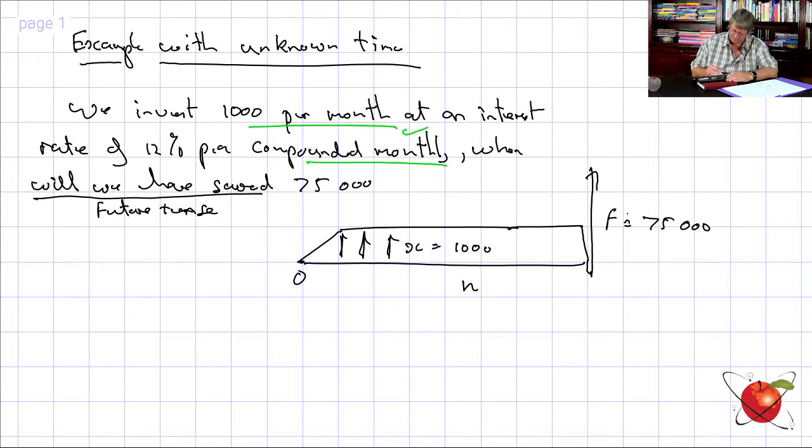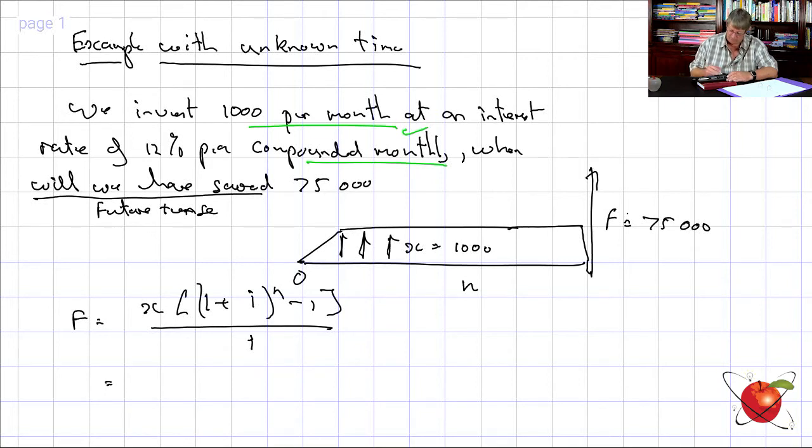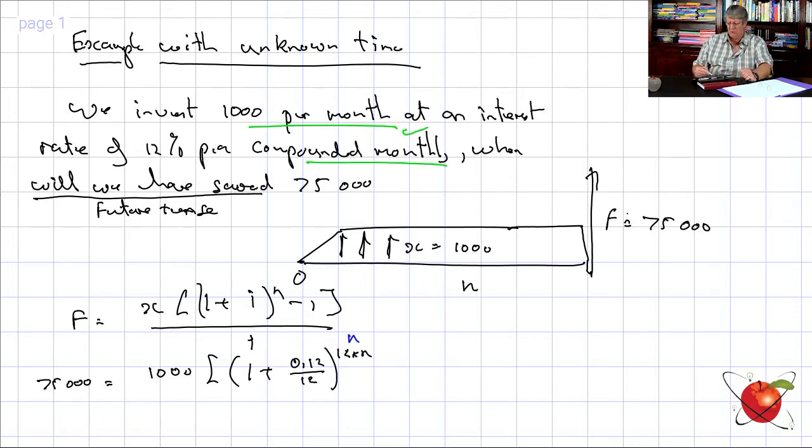I've got my formula. F is equal to x times (1 plus i) to the n minus 1, all over i. And now let's put in the formula. 75,000 is equal to 1,000, which is x, and my interest is 1 plus 0.12 over 12, and it's 12 times n, or n, whichever makes more sense to you. 12n, I've got that and that to be the same.